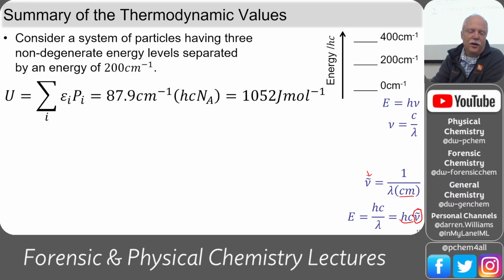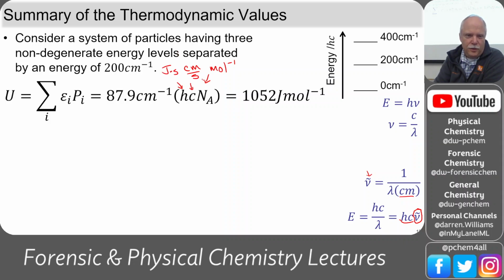So doing that to all of these, and then if we wanted it in per mole, then we would multiply by Avogadro's number too. So this one is going to be in centimeters per second. This one's moles minus 1, and this is joules times seconds.